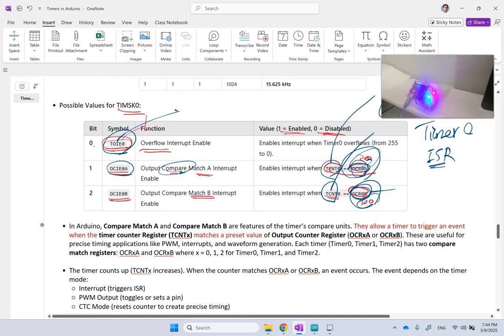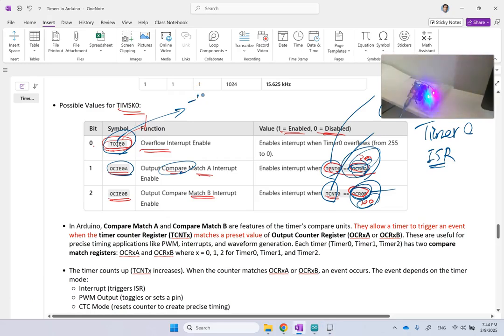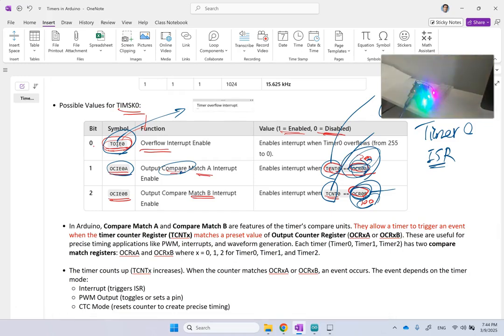But if you want to know what TOIE means, the I is interrupt, the E is enable, the O is overflow, and the T is timer. So it is basically, and let me type it, I guess it's much better than my handwriting, timer overflow interrupt enable.